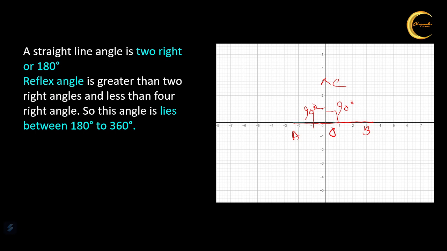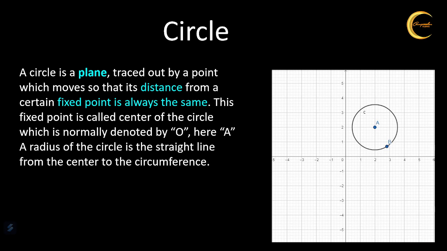So the straight line angle is in total two right angles or 180 degrees. And the reflex angle, as I said earlier, is greater than two right angles and less than four right angles. So this angle lies between 180 degrees and 360 degrees.